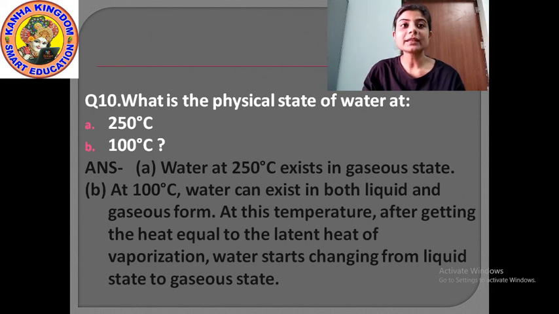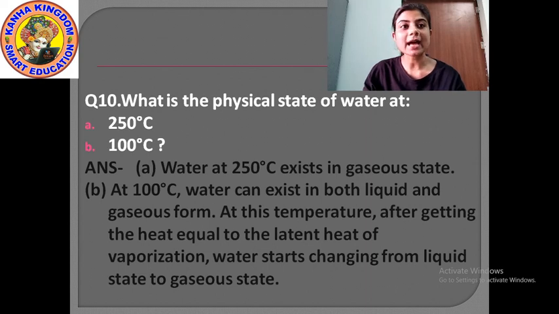Okay. Then number B. What is the physical state of water at 100 degrees Celsius? That means at 100 degrees Celsius, water can exist in both liquid and gaseous state. If you apply heat, it will turn into gaseous state, or it may also remain in liquid state.